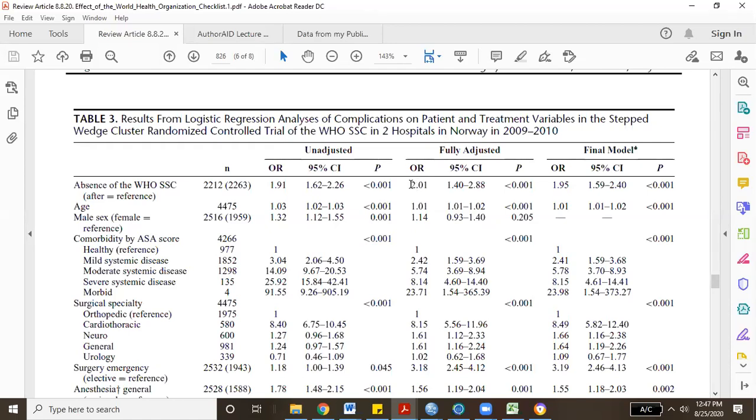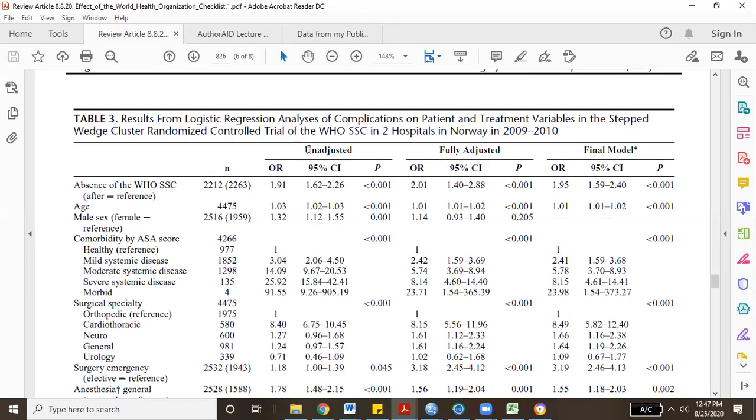So when it was tested for confounding variables, it even increased, to show that this variable, the absence or presence of the WHO SSC, is truly independent and is not influenced by any other variable.